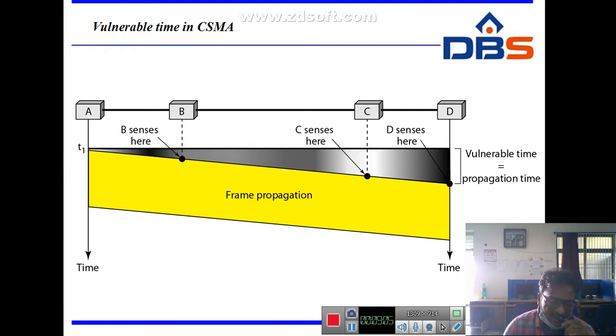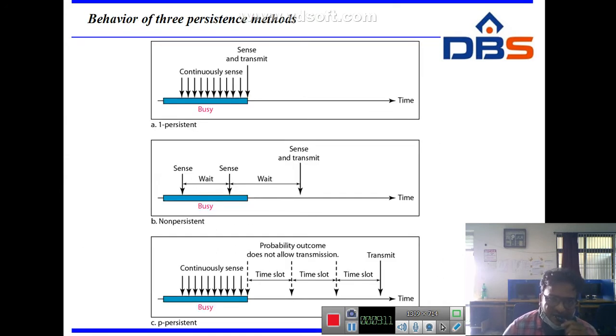Here we have three behaviors of the persistence methods, and based on these principles we send the data from source to destination, or transmitter to receiver.